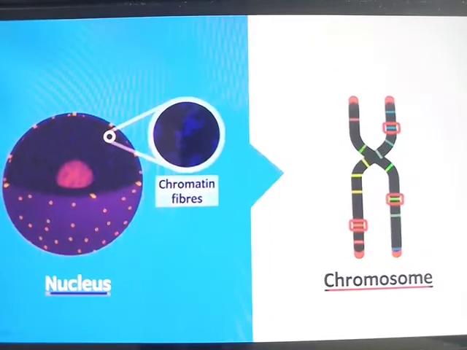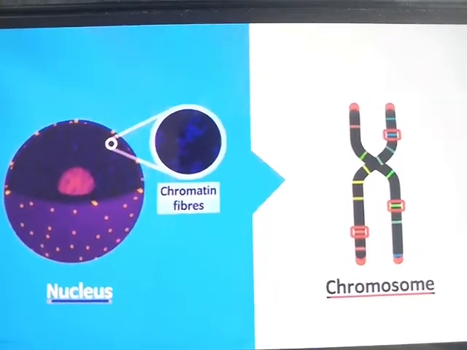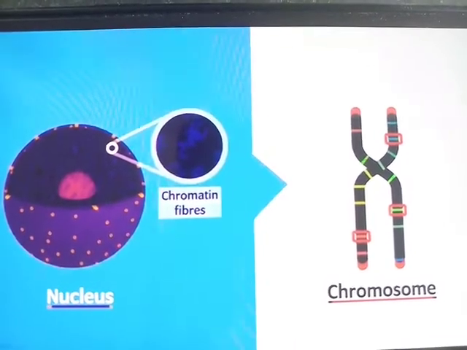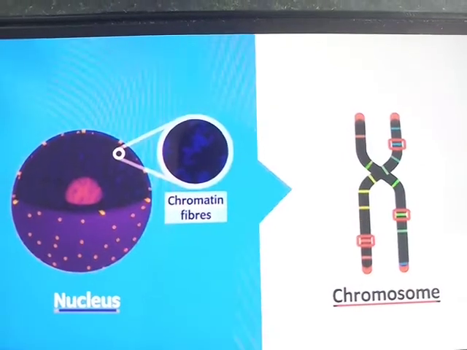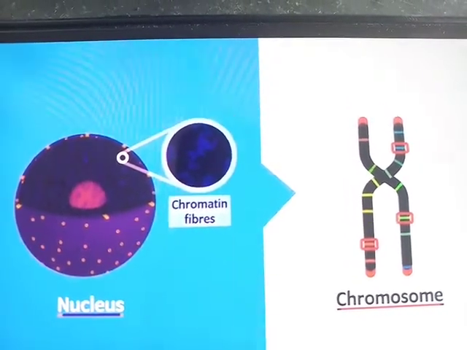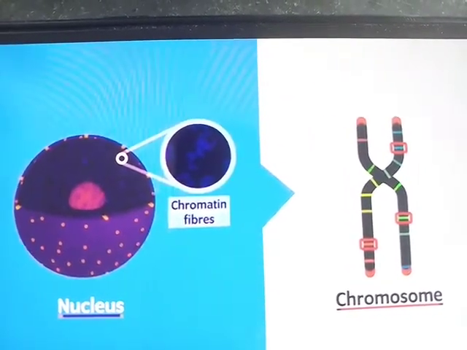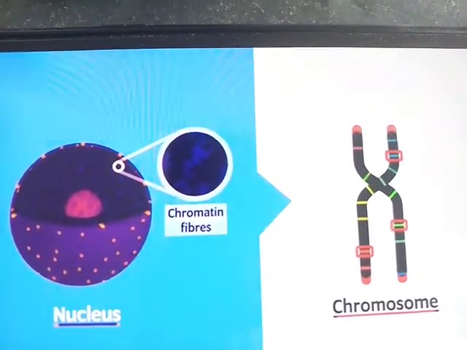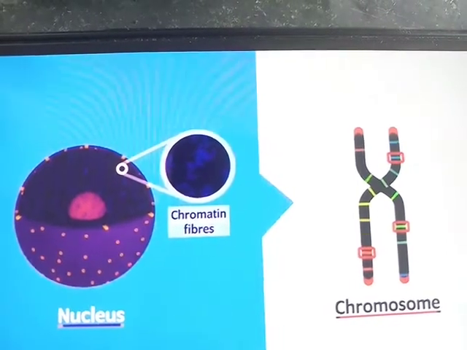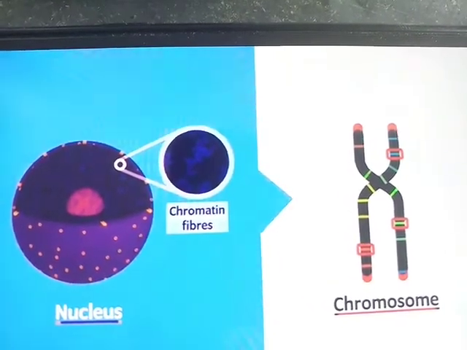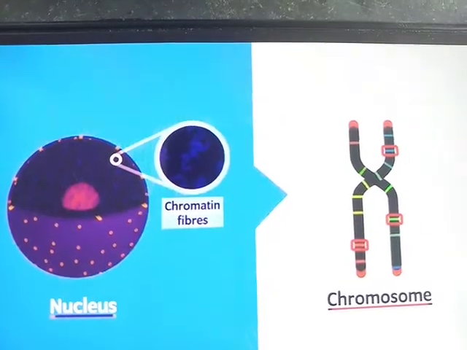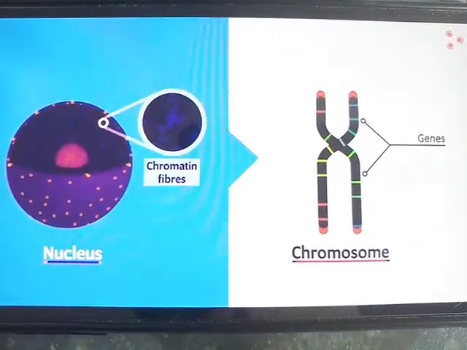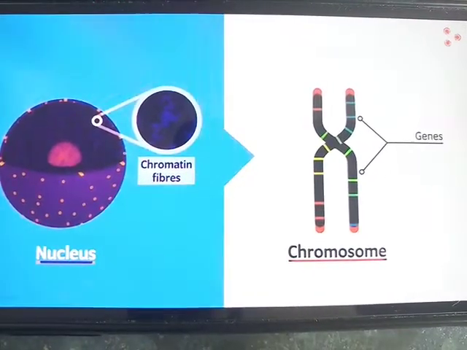This chromatin network or chromatin fibers are converted into rod-shaped chromosomes only when the cell is about to divide. Chromosomes contain information for inheritance of features from parents to the next generation in the form of DNA, the deoxyribose nucleic acid molecule. The chromosomes are composed of DNA and protein.